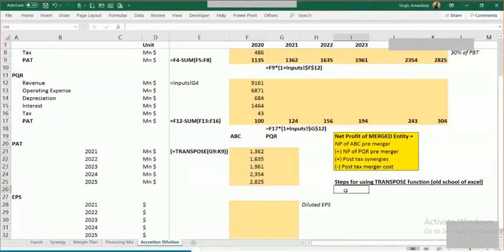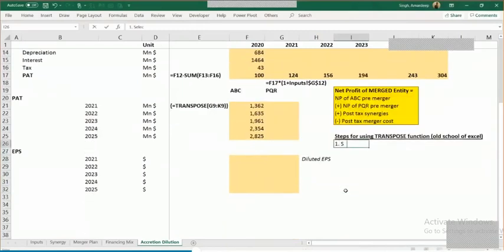Now the steps for transpose are, number one, you select the entire range wherein the result is needed. Step number two is that you write the transpose function.